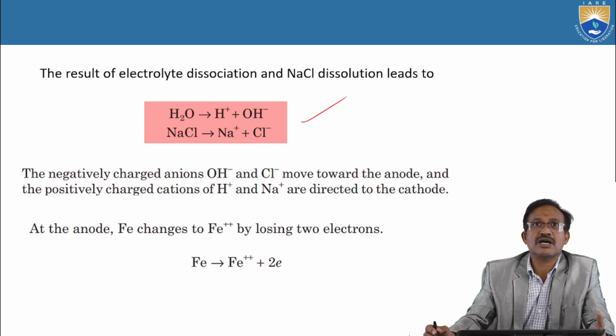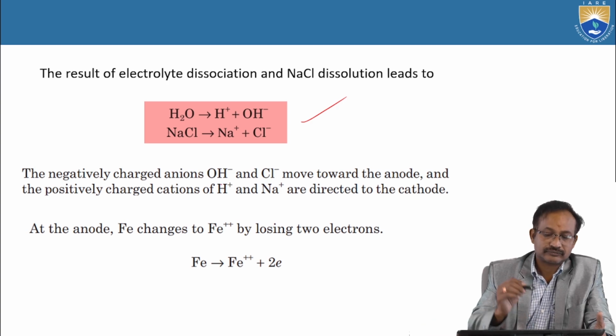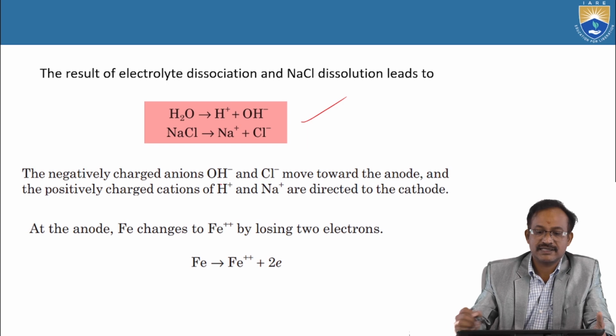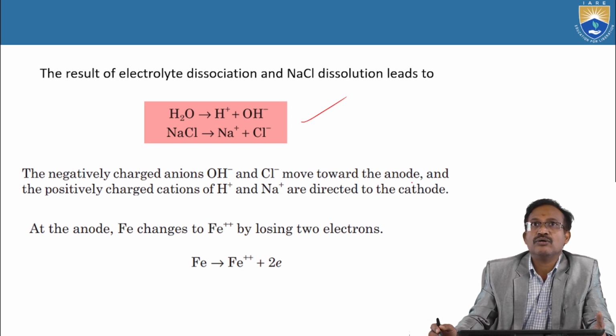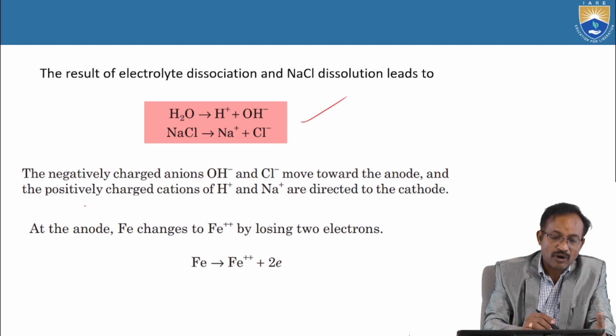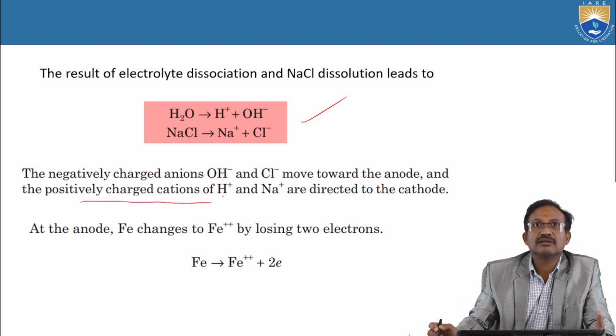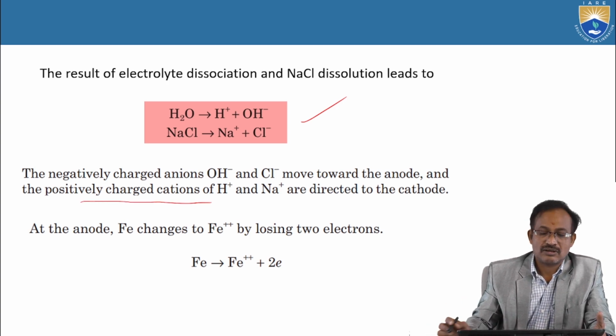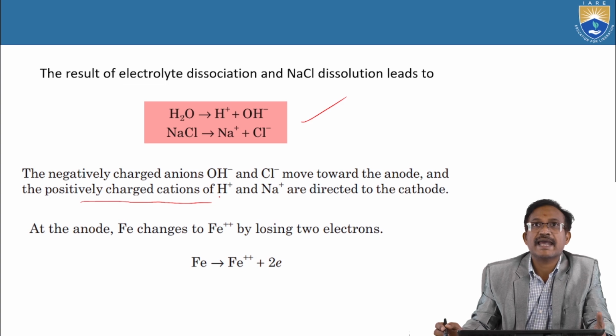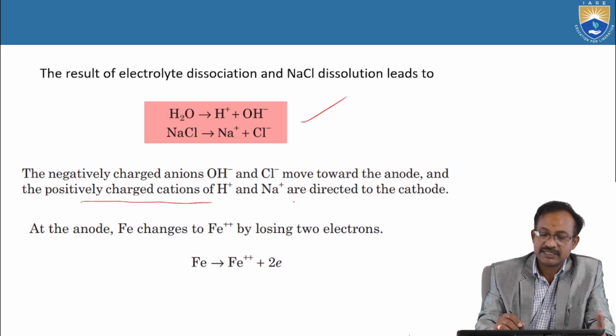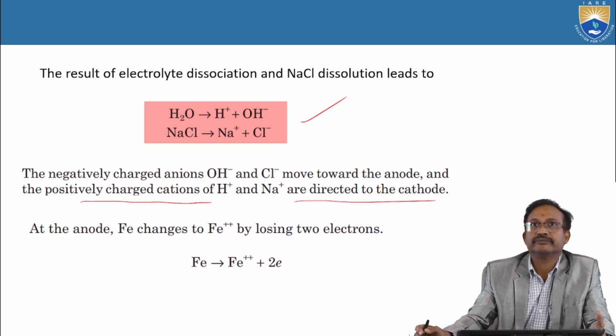The negatively charged anions OH- and Cl- move toward the anode, and the positively charged cations H+ and Na+ are directed to the cathode.